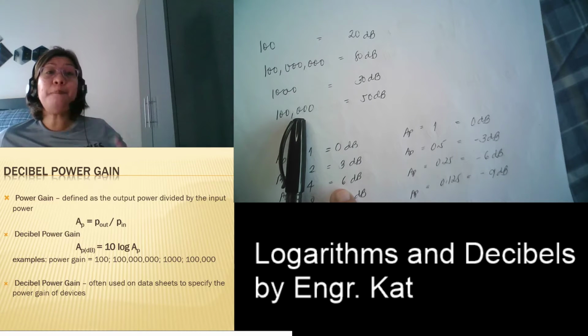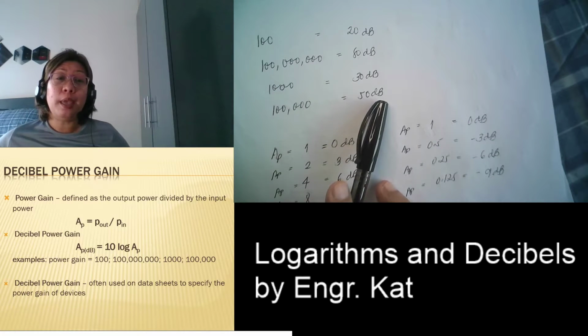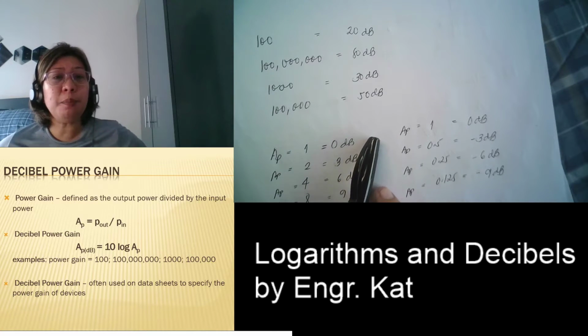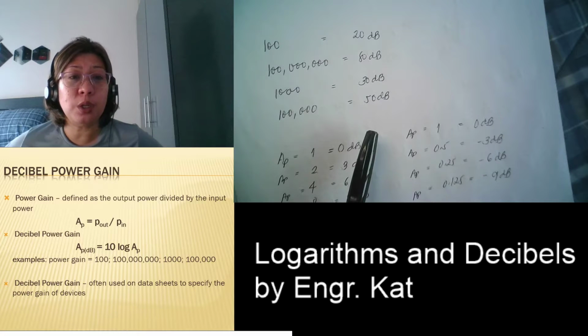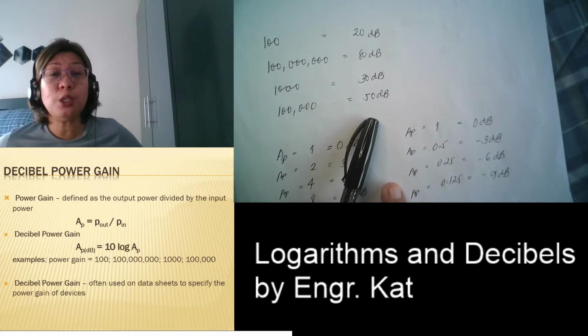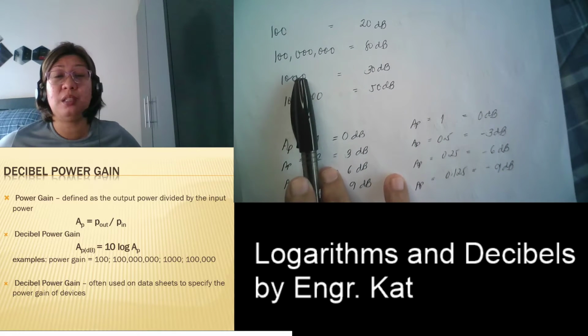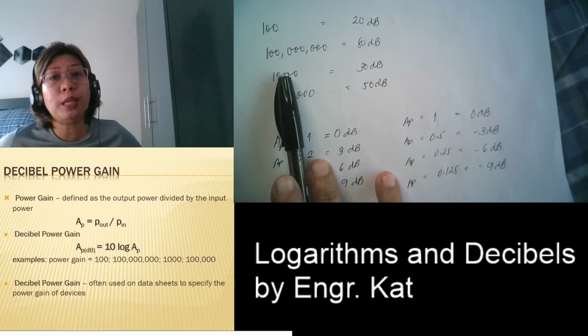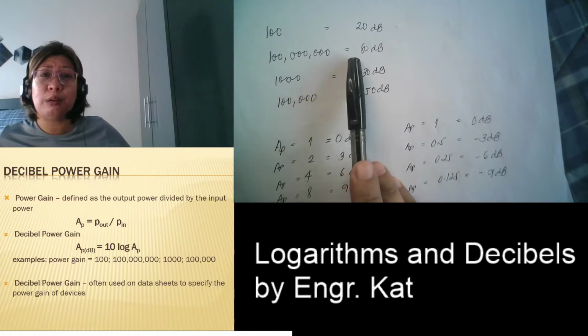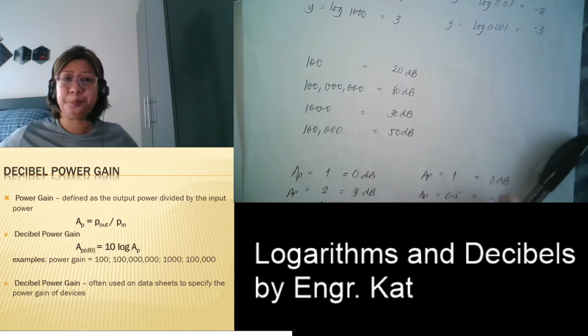So it is simpler to express them in decibels. Decibel power gain is often used on data sheets to specify the power gain of devices. Instead of writing that the power gain of this amplifier is 100 million, it's more technical, or nicer, to write 80 dB instead.